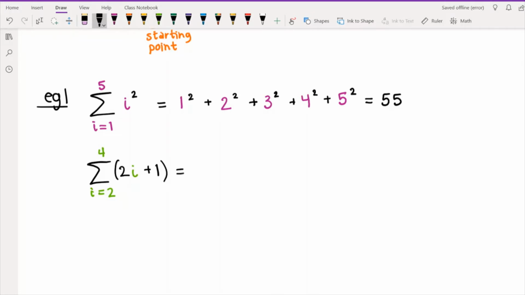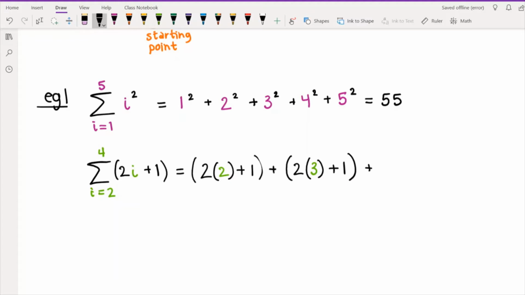So the first term in this sum, and I'll keep using parentheses just to separate out the terms, you don't really have to put them, but just to make it clear where each part is coming from. So the first term is 2 times 2 plus 1, because that's the first number we're supposed to plug in. The second term would be 2 times 3 plus 1.